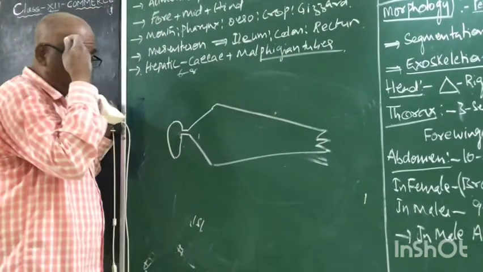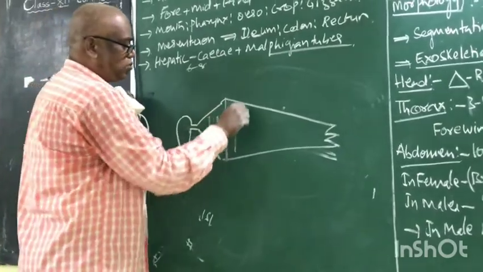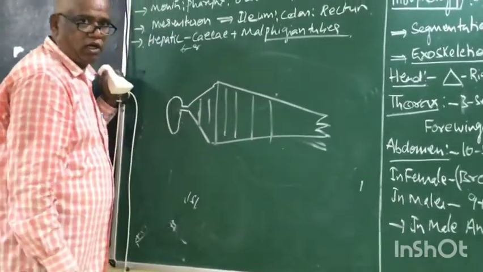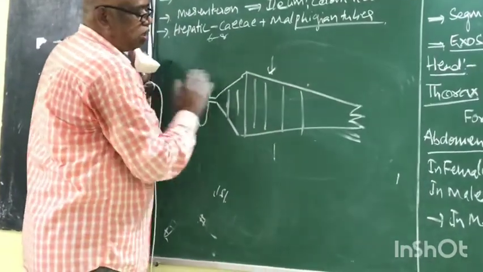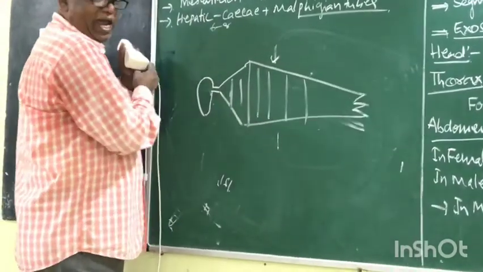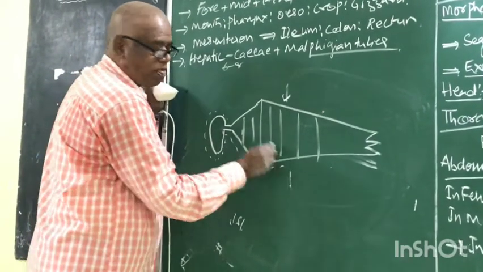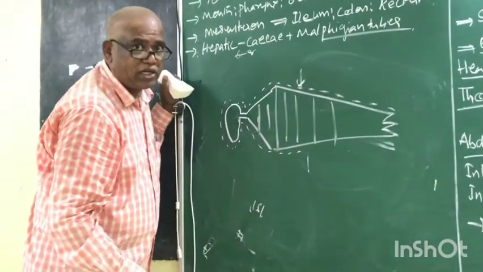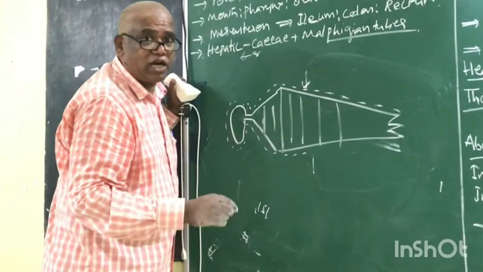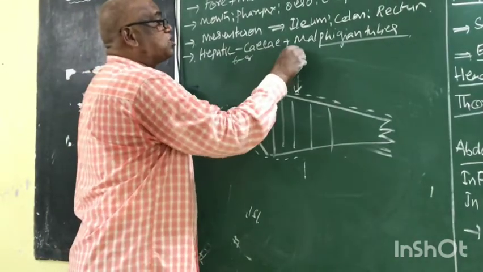Now, thorax segments. These are the segments. Dorsal, ventral, and this is the lateral. The total surface of the body, externally, is covered by chitinous exoskeleton.